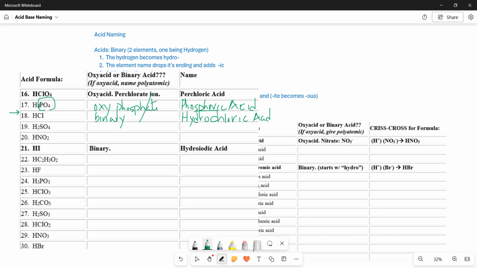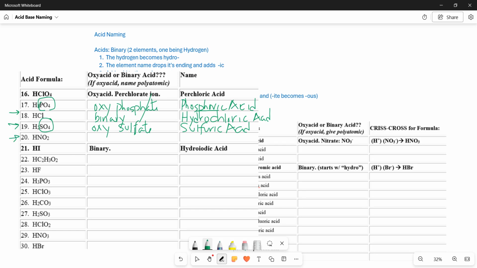The next one you can see is not binary. It has a poly. That poly is sulfate. So we're going to take off the ate ending and add ic. So this is going to become sulfuric. Again, the ur comes from the name sulfur, and then acid.